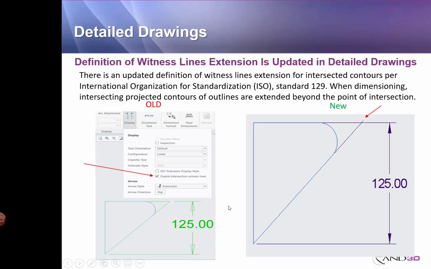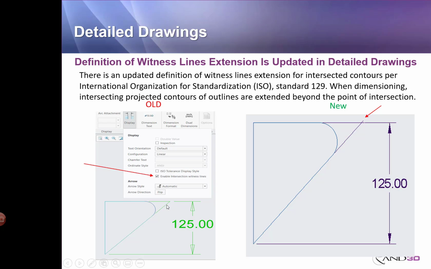Another change that you may notice within the detailed drawing is if you create a dimension where a witness line is needed. In this example, we have a round that was placed on this corner. The corner no longer exists, but we want to measure to where that corner would be. I know you can just select this line and get the same thing, but some situations won't allow that.